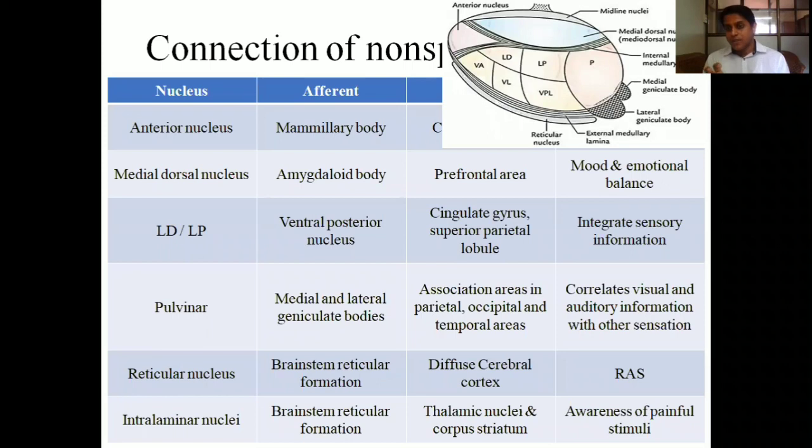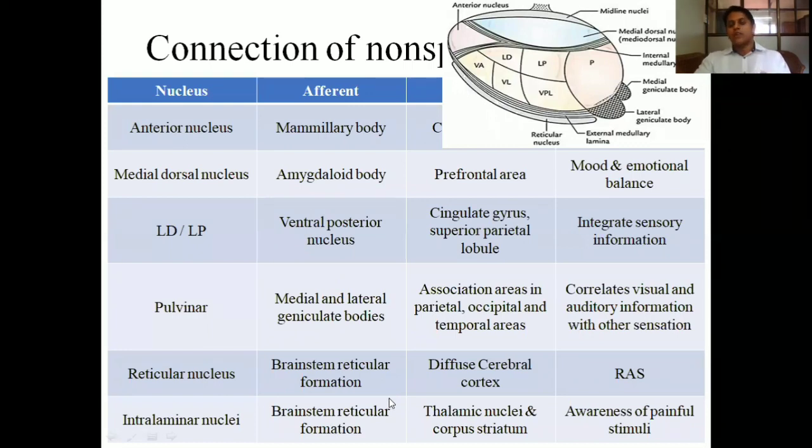They are concerned with awareness of painful stimuli at the level of thalamus itself. It does not need to go to the cerebral cortex, but at the level of thalamus itself, it understands the painful stimuli. So the intralaminar nuclei is the relay center for this.